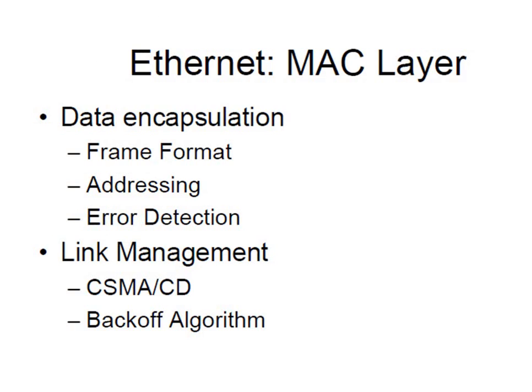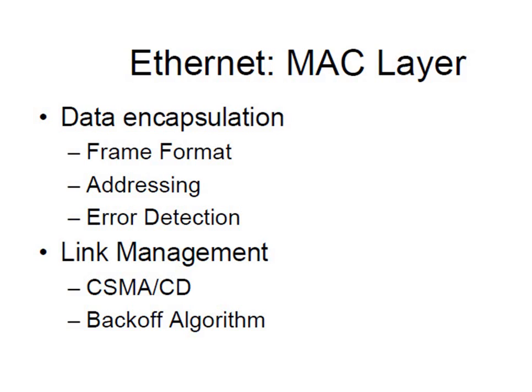Now we know that at the MAC layer, data encapsulation and link management is done. Data encapsulation, we have already studied this frame format in the data link layer chapter, so please refer to my videos related to that so that you will understand the concept. Addressing and error detection can be done with the help of data encapsulation.